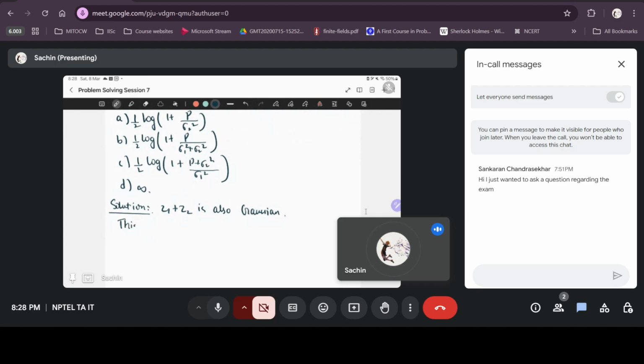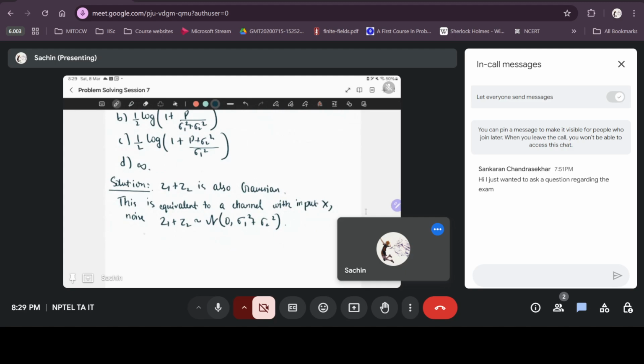So this is equivalent to a channel with input X, noise Z1 plus Z2 distributed according to, since mean is 0, variances are added up, and Y, the output, is X plus, first you add Z1 and then you add Z2 to that.